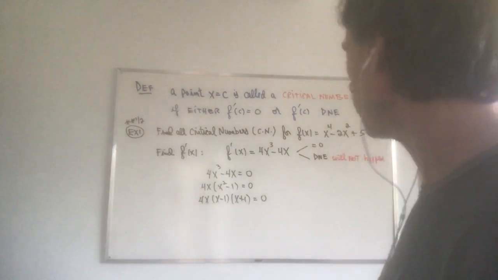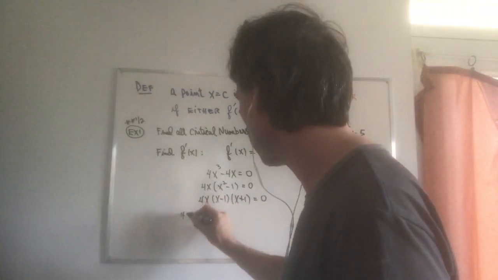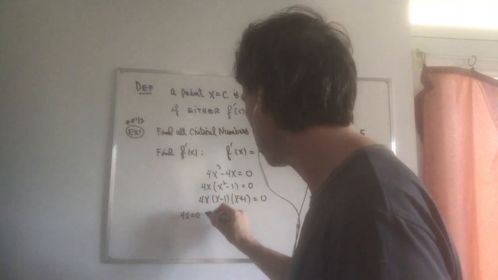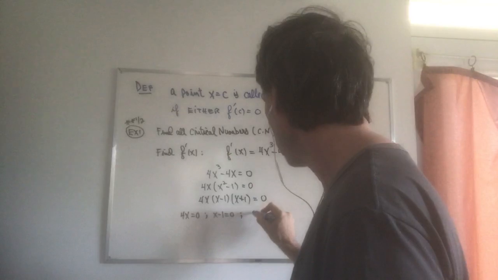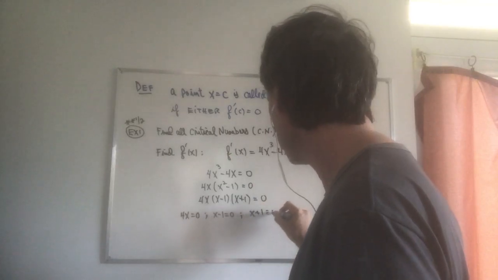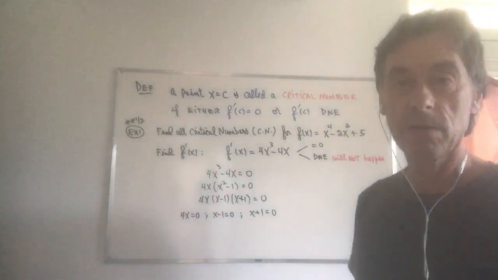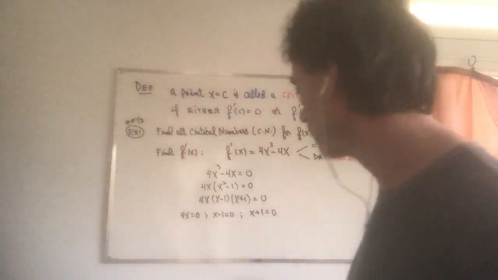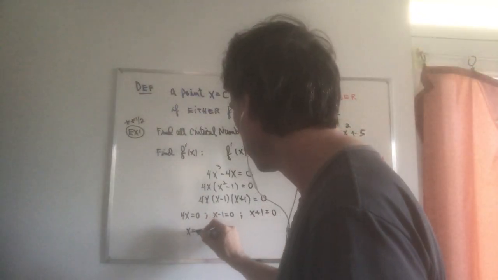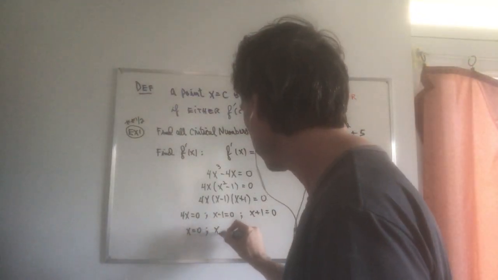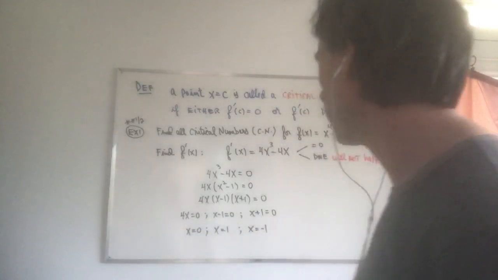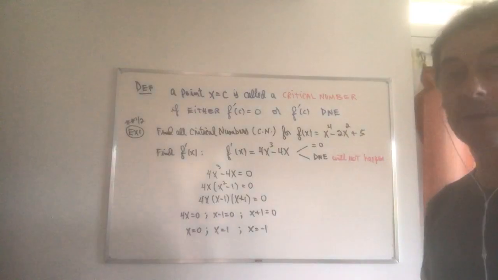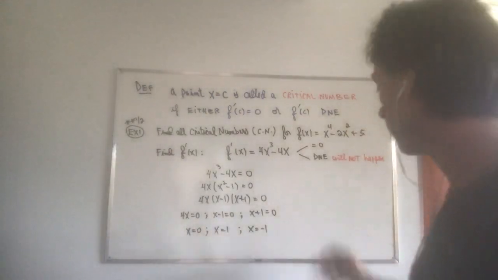We're going to say that 4x equals 0, x minus 1 equals 0, and x plus 1 equals 0. I'm going to get 3 critical numbers. From the first, x is 0. From the second, x equals 1. And from the third, x equals minus 1.